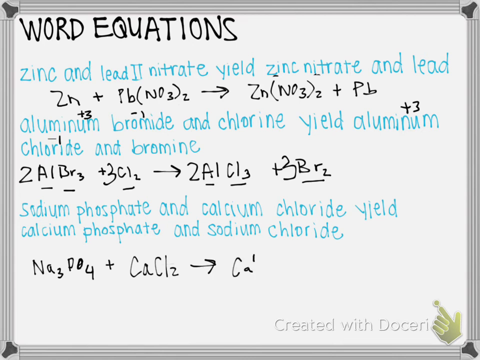Calcium is a plus 2, phosphate is a minus 3. We have to crisscross. So your compound is Ca3(PO4)2. And sodium chloride, so plus sodium is a plus 1, chlorine is a minus 1, so your compound that cancels out is just NaCl.